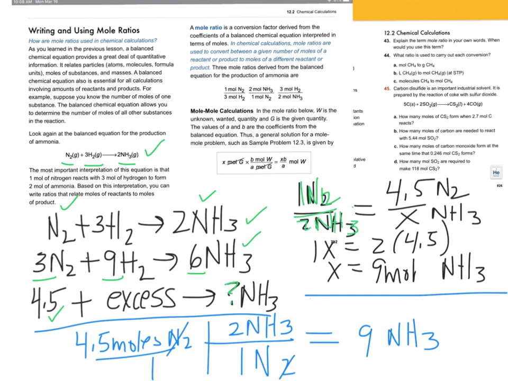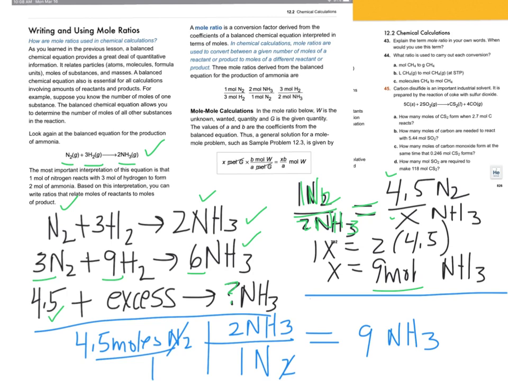So that ratio holds true, and in my new situation, I have 4.5 of N2, and I'm wondering how much NH3 I can form. You can set up these comparable ratios, cross-multiply, and you get that with 4.5 N2, you can form 9 moles of NH3. And those of you that are really paying attention realize that you also need to state you have an excess of H2, but that will show up in all your problems.